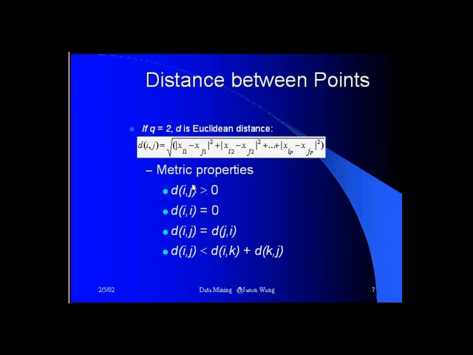So in that paper, we use the triangle inequality property, only that property, and we develop an algorithm so that we can speed up the nearest neighbor or best match retrieval.